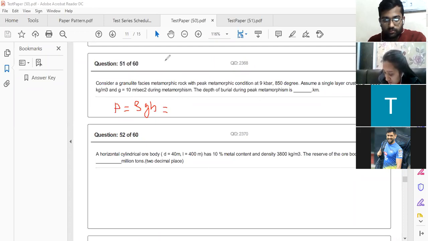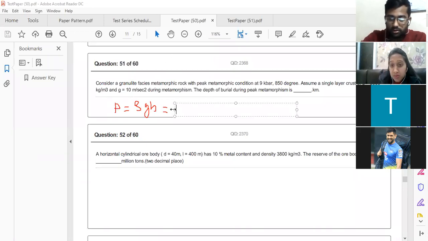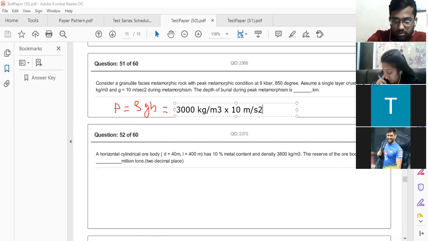Rho is given as 3000 kg per meter cube, multiplied by gravity, 10 meter per second squared.